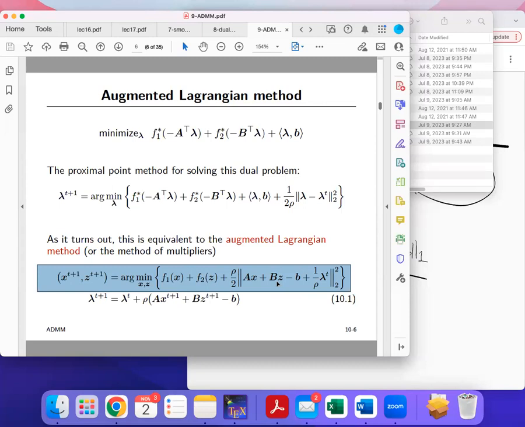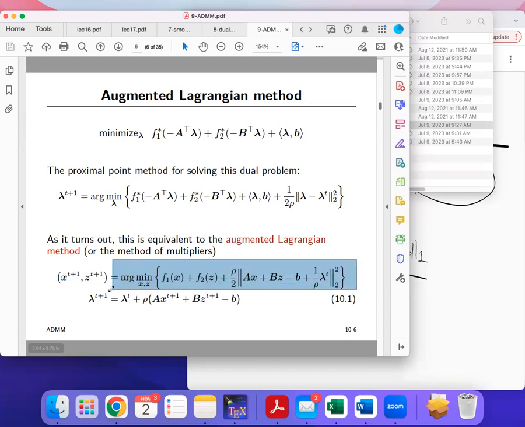So solving the first problem is not that easy. We may need to implement another algorithm to solve it, and that algorithm may be very difficult to find because of this coupling.